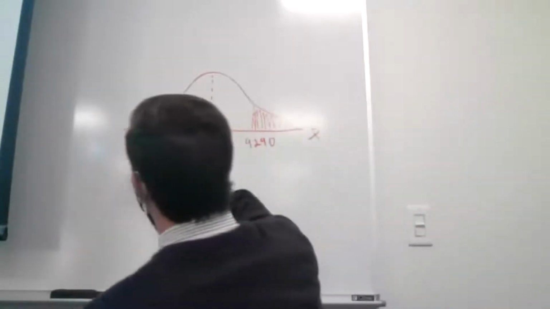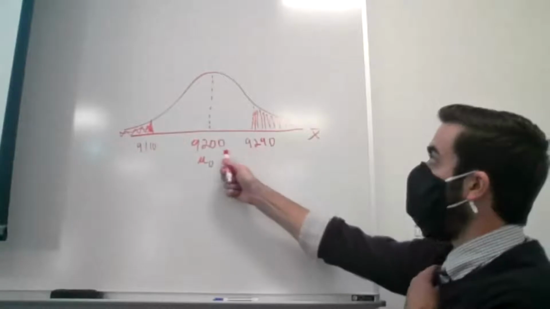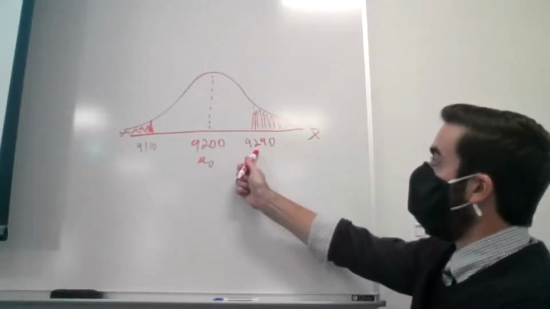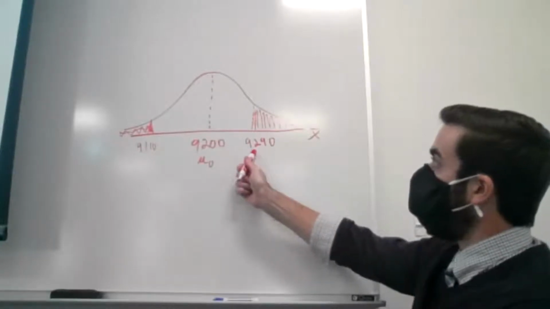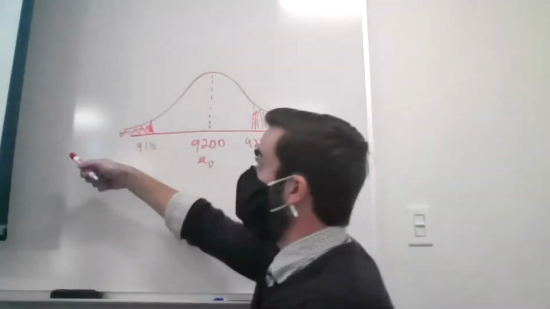So you can think about this would be what, 90, 110? So really, the probability I saw something as far away from the assumed true mean as I did, or even further, that goes against the null, would be everything here, but also everything here.